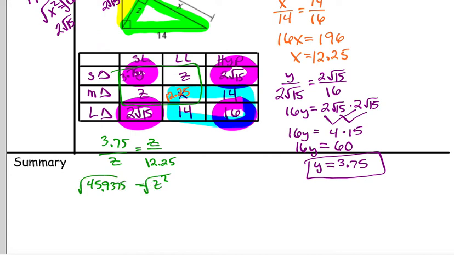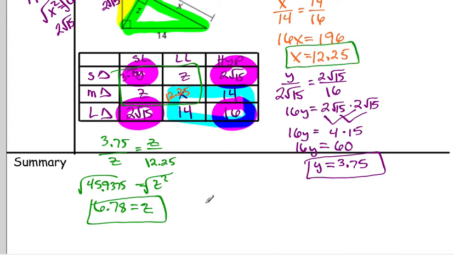And then when you square root both sides, you get approximately 6.78 for z. Now we have x, y, and z for the problem. All three of the missing pieces.